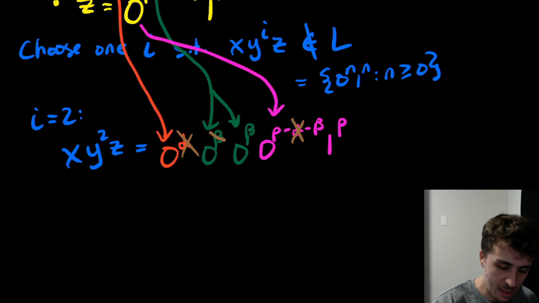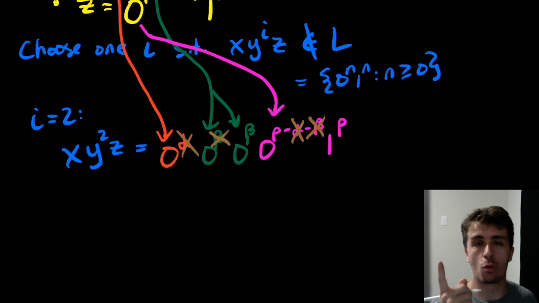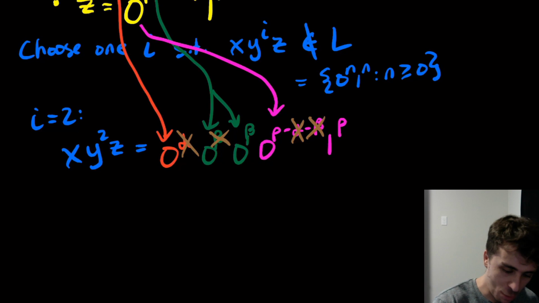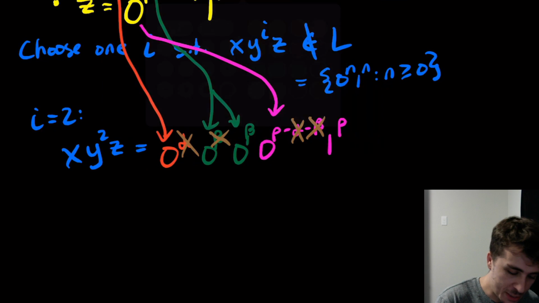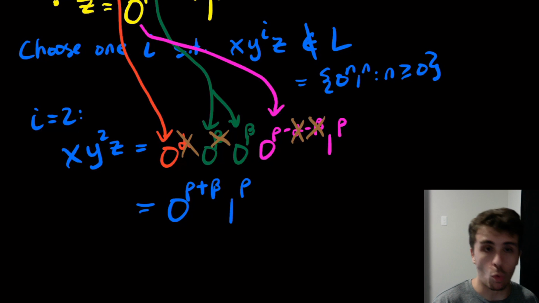One of the betas here and this beta gets canceled again because this is positive, this is negative beta. So I'm left with a single beta left plus the original P right here. So when the dust settles, I'm going to have P plus beta zeros, and all of the ones are still there.